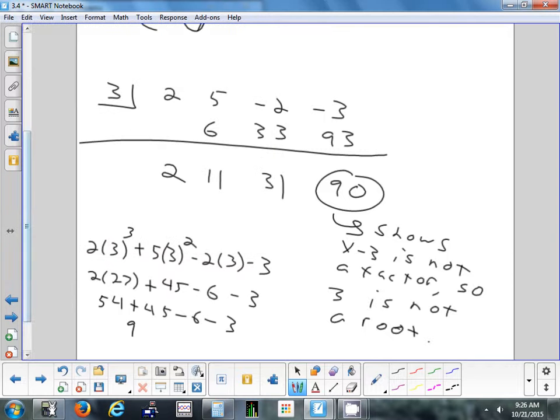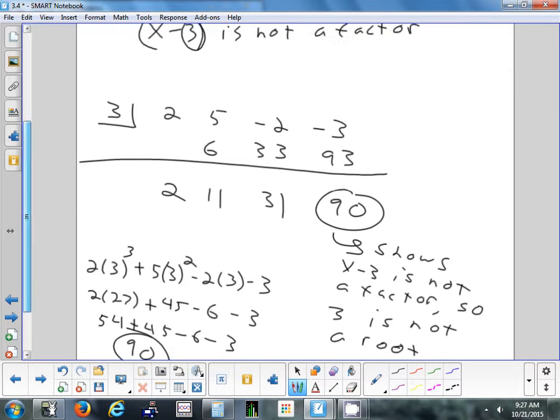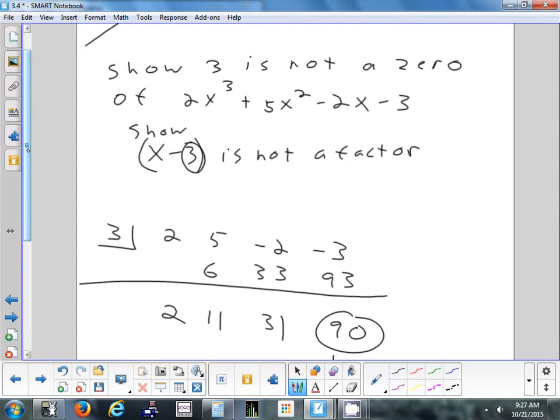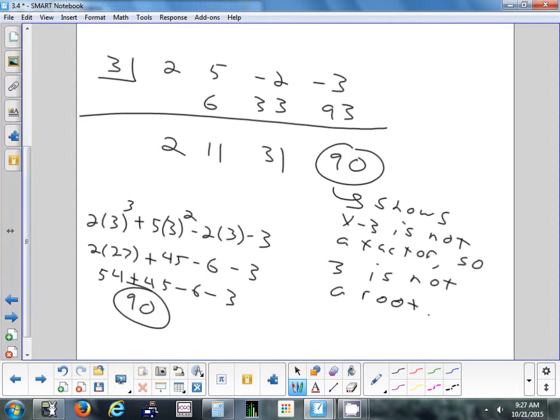You got 90. Okay, so there's another way you can get the same answer. Fill in the number after the minus sign for x. There's your remainder. Okay, or use synthetic, whichever way makes you happy. Okay, so I'll just put here, this was using remainder theorem.